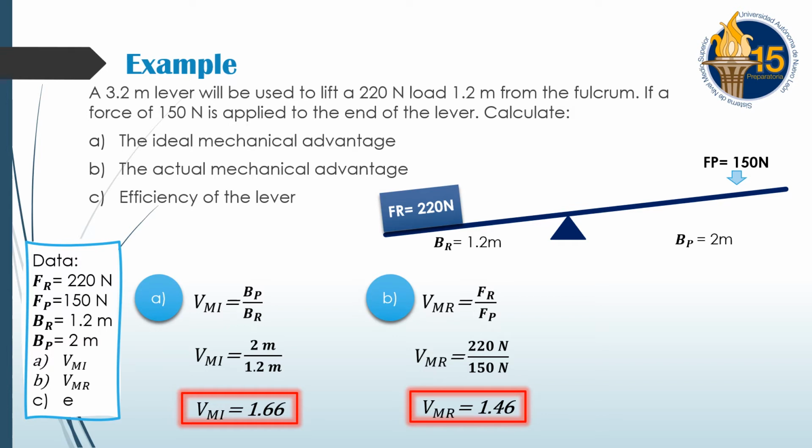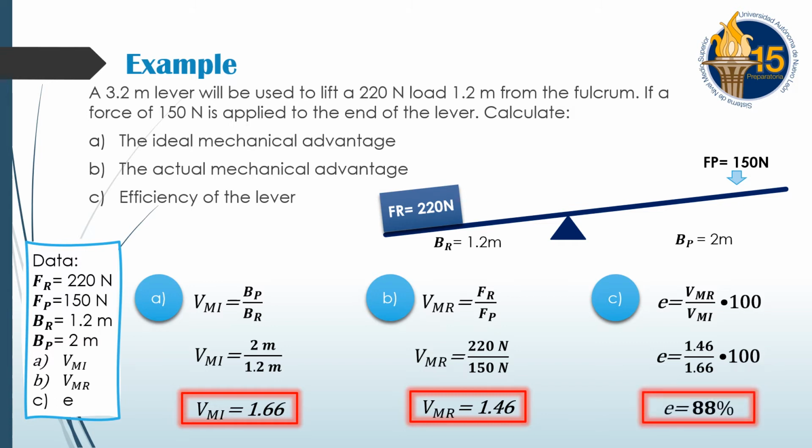For letter C, it asks us to calculate the efficiency. So we need to divide the actual mechanical advantage by the ideal mechanical advantage and multiply this result by 100. Therefore, we have 1.46 over 1.66 times 100, resulting in an efficiency of 88%.